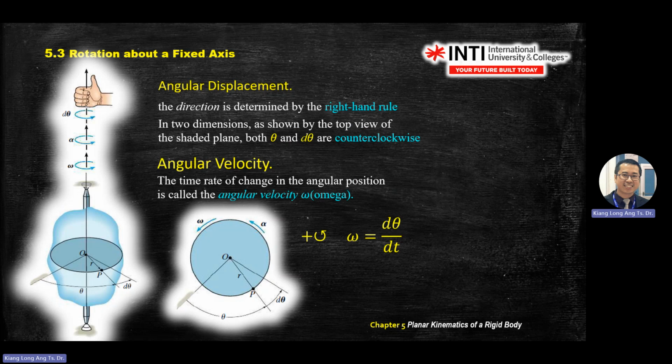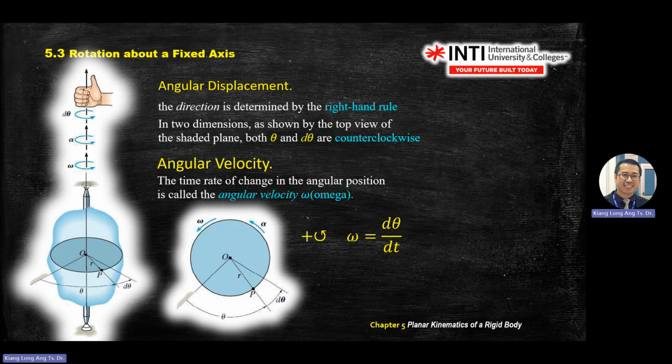So again, omega is velocity, but in angular terms, angular velocity. Velocity is ds dt, and s in a rigid body is theta, so d theta dt equal to omega. Following right-hand rules, anti-clockwise is positive.